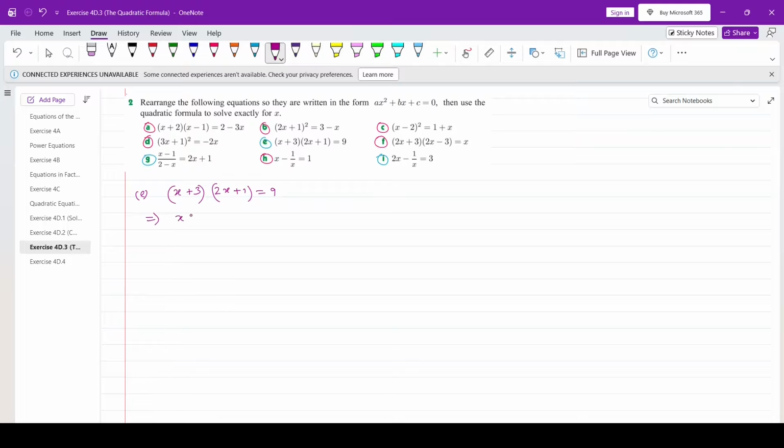So this becomes x times 2x plus 1 plus 3 times 2x plus 1 is equal to 9, and this becomes 2x square plus x plus 6x plus 3, and this 9 comes here, negative 9. So now this becomes 2x square, x plus 6x is 7x, and 3 minus 9 is negative 6.